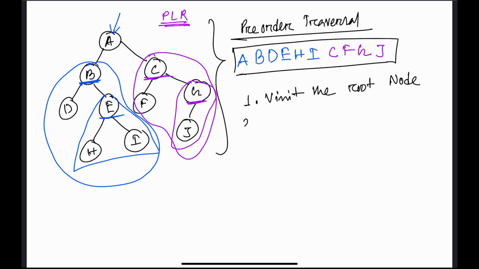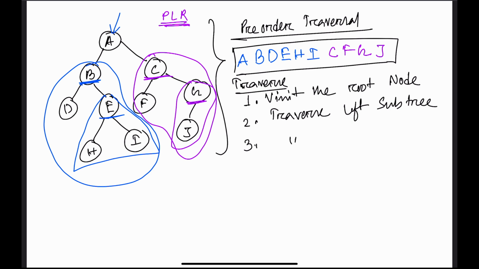Obviously this is a traverse function, so traverse the left subtree and then traverse the right subtree. This is the basic chronological order to implement pre-order traversal.